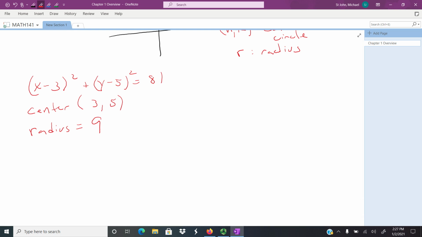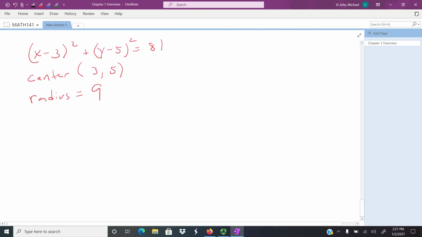So given an equation like this, can you tell me what the center and the radius are? And the other thing is, given that the center is (minus 2, 3) and r is equal to the square root of 17, can we write the equation?